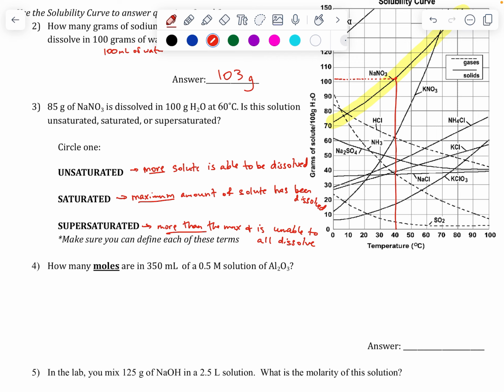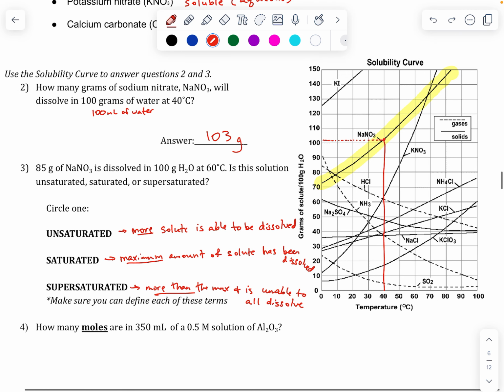But it asks, okay, if we have 85 grams of that sodium nitrate that we were just looking at at 60 degrees, are we saturated, supersaturated, or unsaturated? Remember, above the line is super, on the line is saturated, and below the line, any of those lines, is unsaturated. So at 60 degrees, I match up 60 with 85.